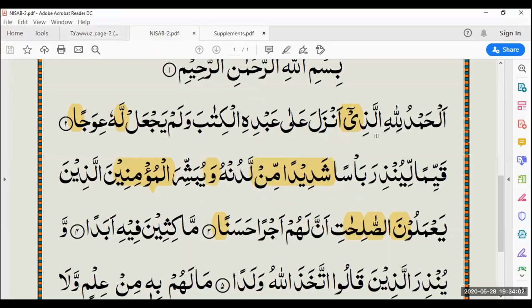Excellent. Okay. What is on top of ya? السكون and مد الصغير. Do you know the other name for this mad that we've discussed? Is it مد منفصل? Excellent. Well done.